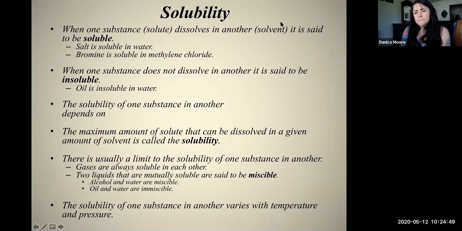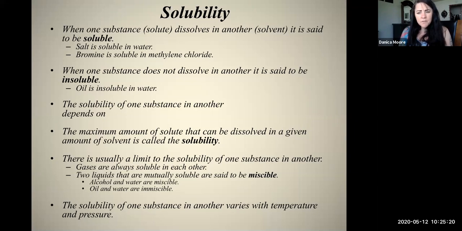Yes, gases, right? If you have a gas-gas mixture, the solubility of a gas into another gas is going to be very much sensitive to the change in pressure. What else? So we have gases mixed with gases. What about gases mixed with a liquid? Would pressure change those solubility criteria?